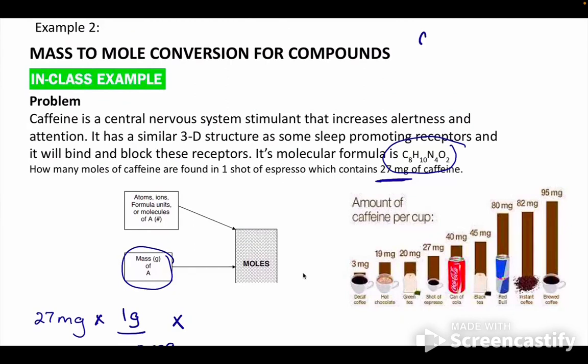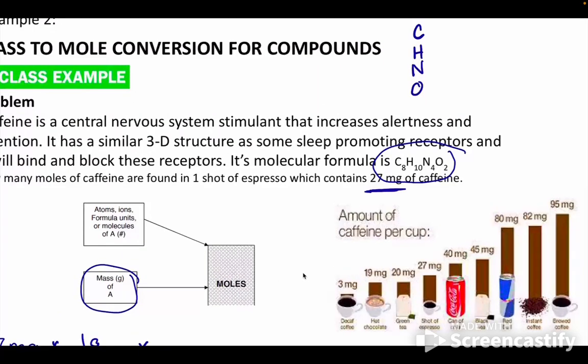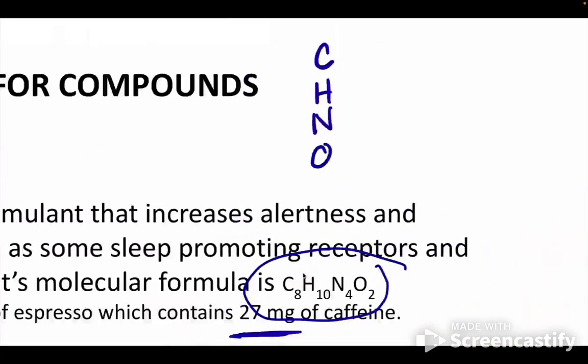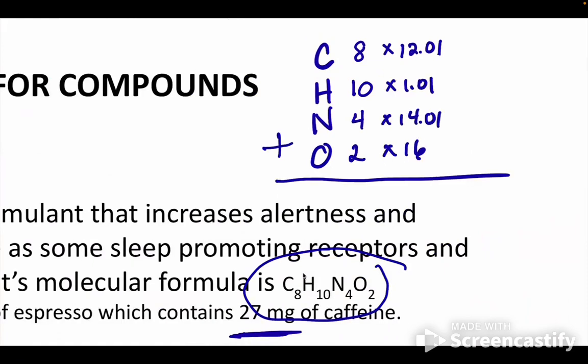So we have carbon, hydrogen, nitrogen, and oxygen. In the formula, you can see that we have 8, 10, 4, and 2 moles of each of those elements. And then for molar mass, I look on my periodic table, and then I just add all that.